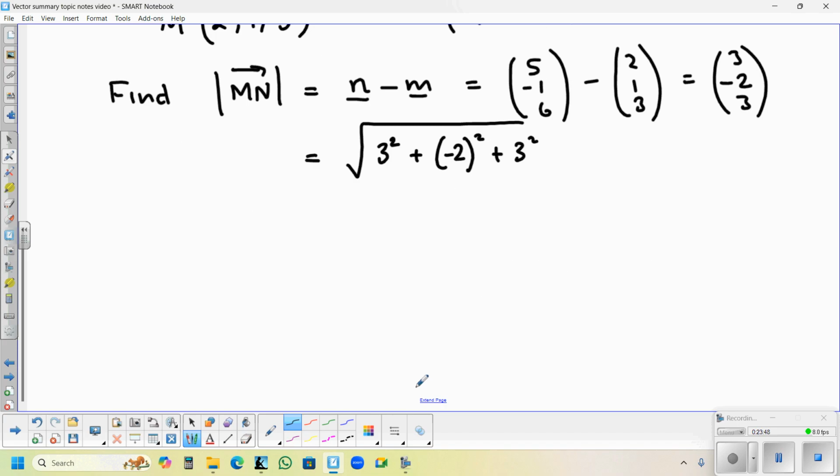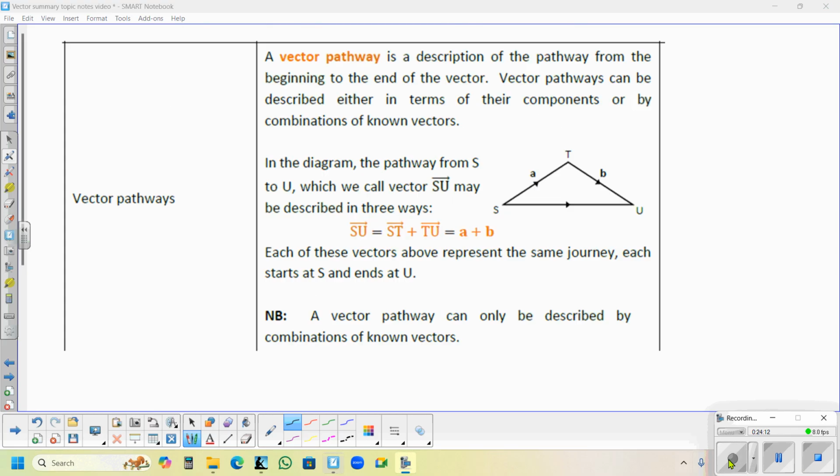And all those squares have been added. So that becomes the square root of 3 3s are 9, so that's 9. Negative 2 times negative 2 becomes plus 4, and 9 again, and that would give us the square root of 22. Now sometimes that changes into a surd, and when we go into some exam questions you'll see how that's asked. Okay, we'll go back onto a vector pathway.